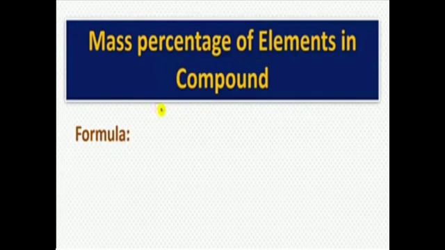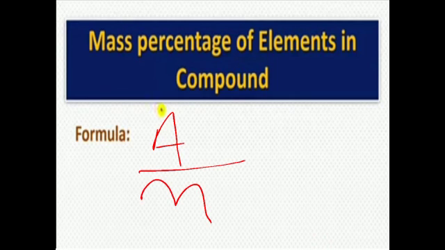Another thing which we are going to study is mass percentage, the mass percentage of the elements in a compound. How to calculate the mass percentage? The formula for mass percentage is the atomic mass of one atom upon the molecular mass of the substance.